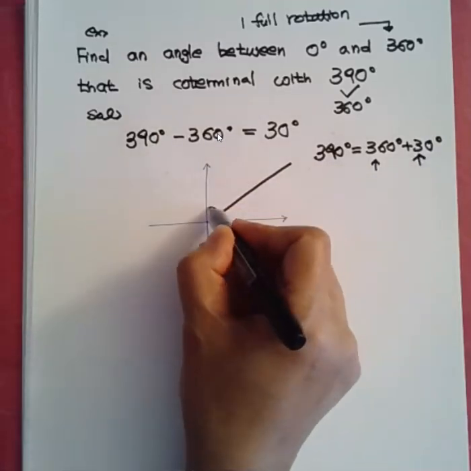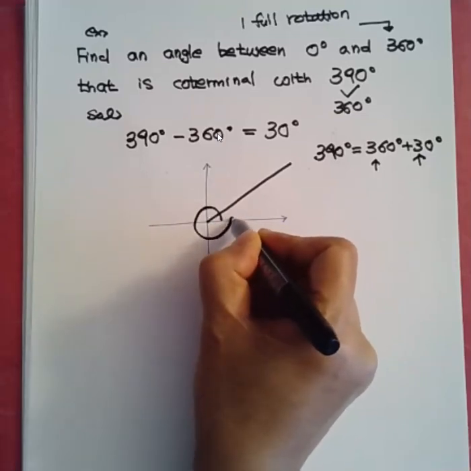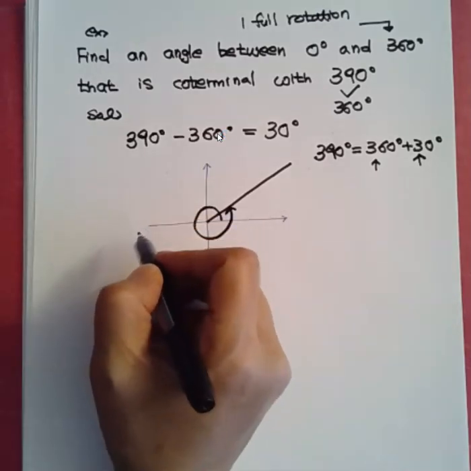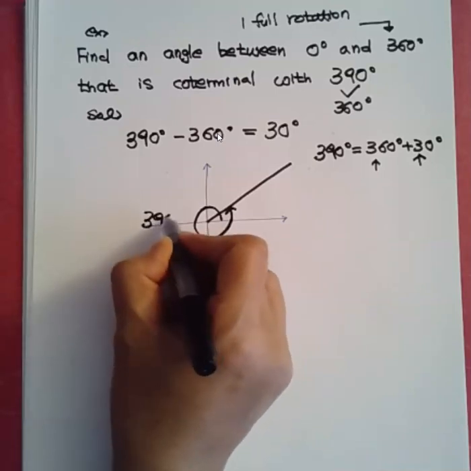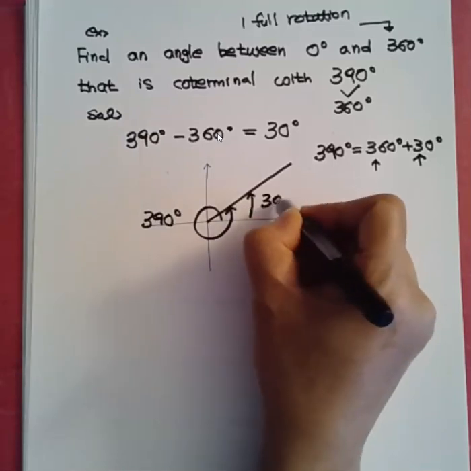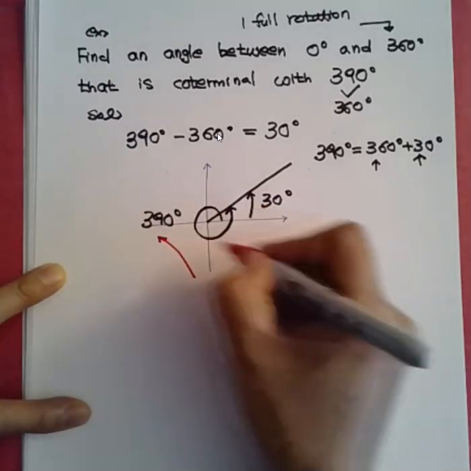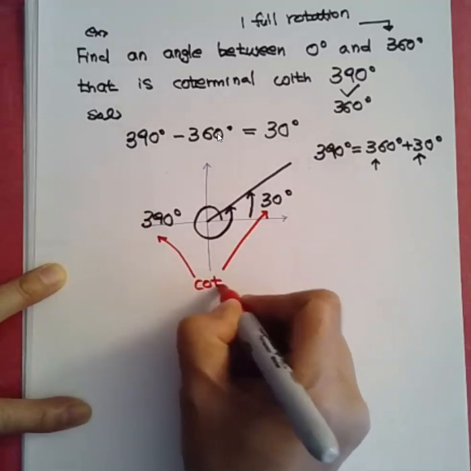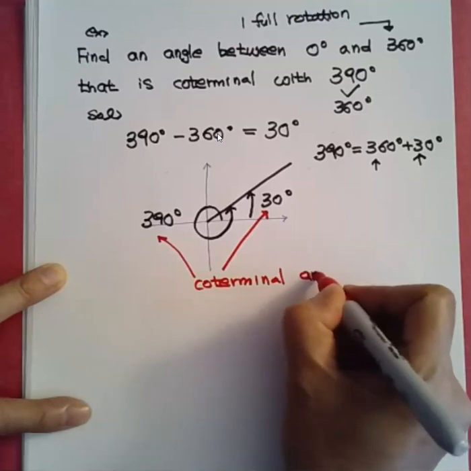So 390 degrees is one full rotation and then going further 30 degrees. So this is 390 degrees and this is 30 degrees. What we are saying is that these two angles are called coterminal angles.